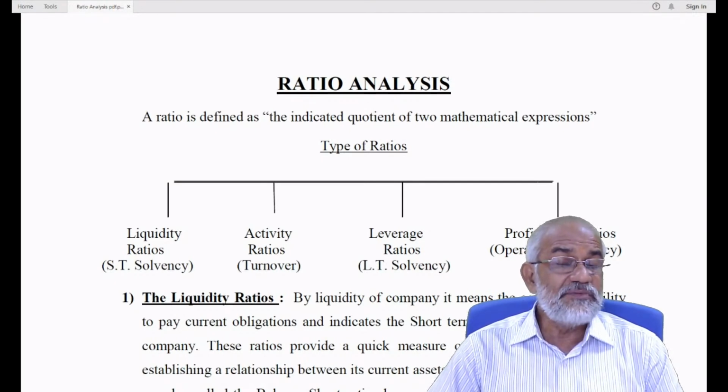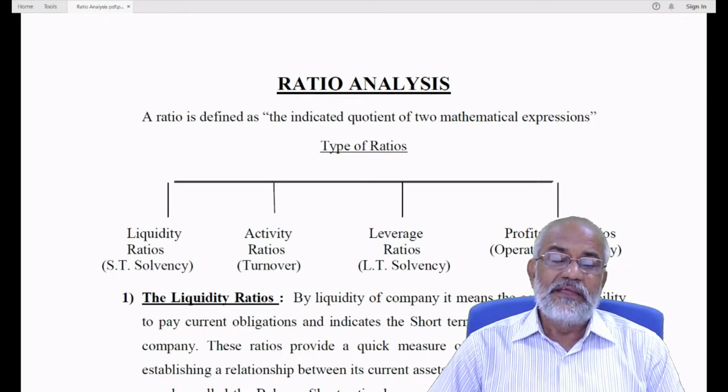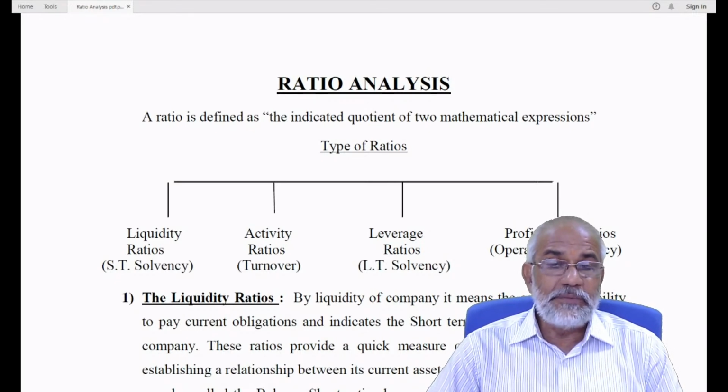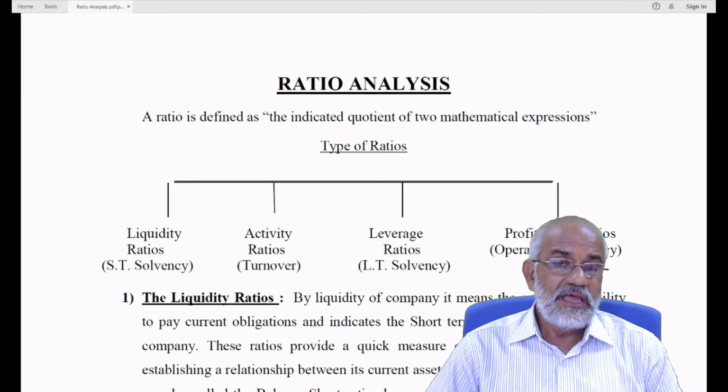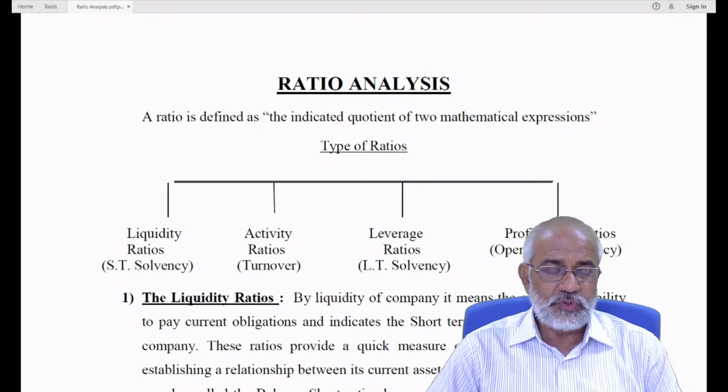And as regards the financing flow of cash, it would be the issue of share capital of the company, issue of debentures of the company, taking of loans, either short-term loans or term loans from banks and financial institutions, and repayment of the loans also comes under the outflow of cash.